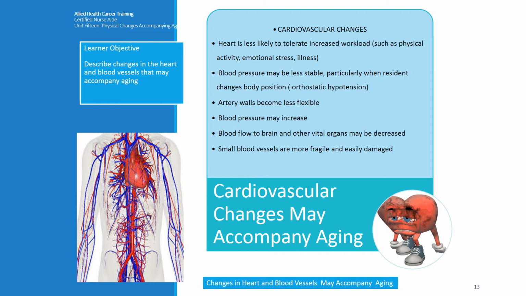So we want to make sure that we don't try to get them up too quickly. And just check your care plan to see if they have that orthostatic hypotension listed there. That will give you a clue that you may need to go just a little bit slower for those people.